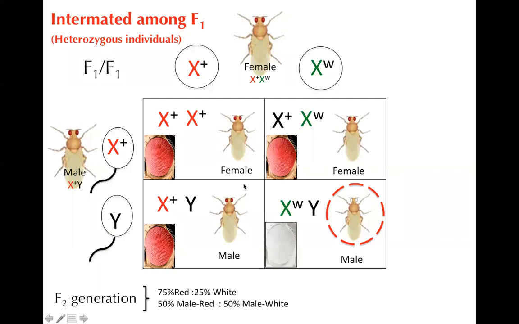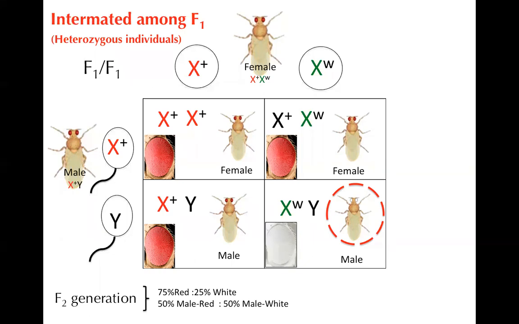Okay. So if you categorize based on the phenotypic observation, meaning the eye color, 75% of the flies are red, and only 25%, which I have highlighted in this dotted circle, only 25% of the flies were white. Again, if you make one more classification based on the sex of the flies, the top two kinds of flies, female and female, 50% of the flies are red.